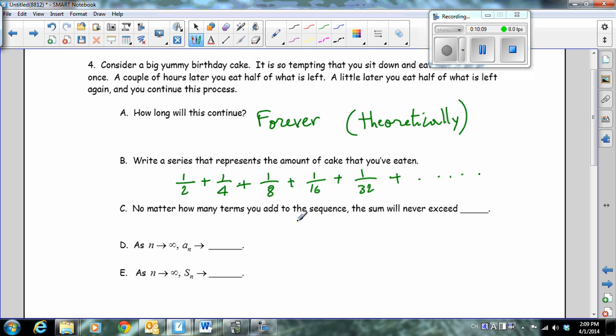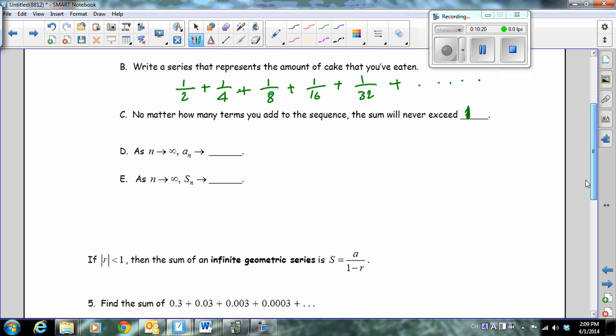No matter how many terms you add to the sequence, the sum will never exceed what? It will never exceed 1 because you never finish it. 1 will be the total. Now, let's go ahead and look at this. As n approaches infinity, S of n approaches, in other words, as you keep eating half and half and half, how much is the leftover getting close to?